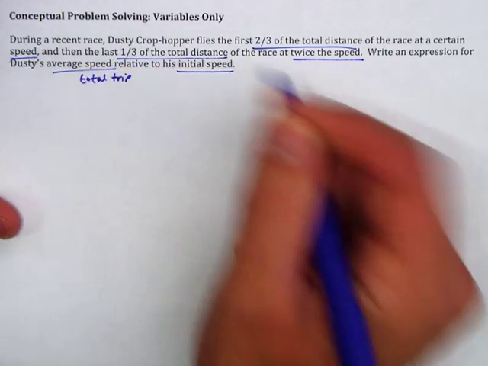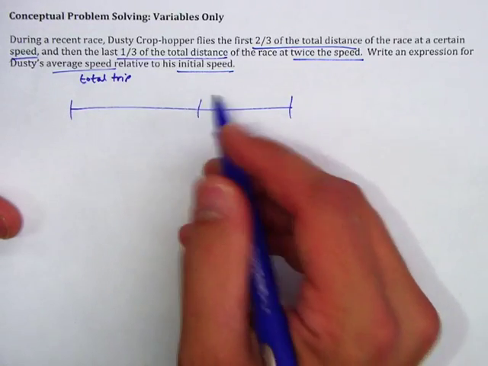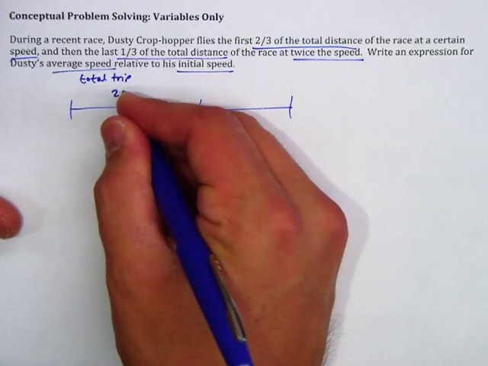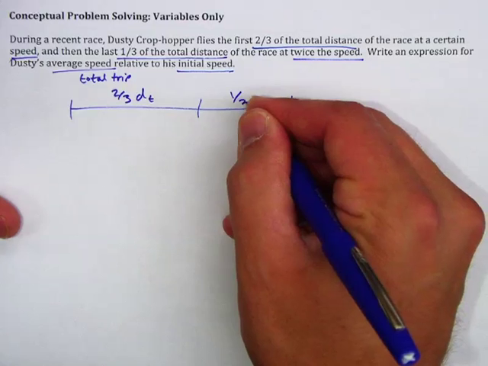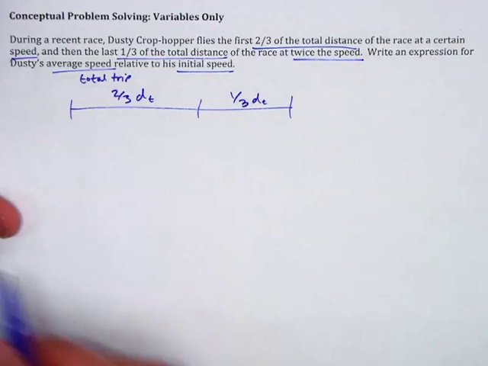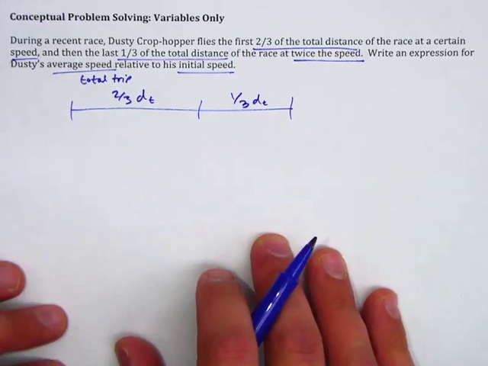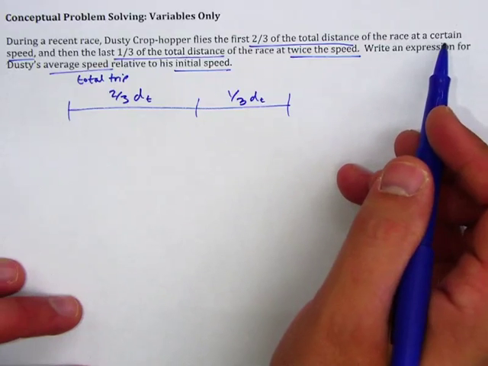Okay, so let's draw a picture first. A simple picture. And it breaks the trip into 2/3 the total distance and 1/3 the total distance. And this will be the total distance, from beginning to end here. And we know that Dusty flies at a certain speed.